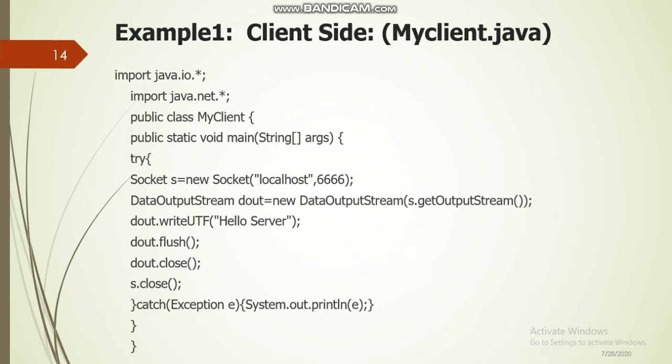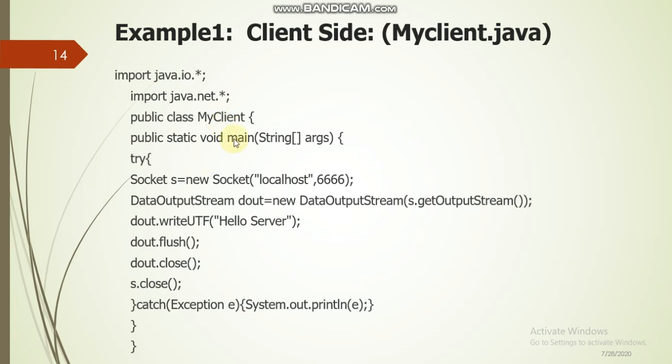We have imported our java.io.* package and java.net.*, as we have said, which provides the collection of classes and interfaces to be used when creating sockets or when creating applications to run on the internet. Then we have now written our class name. The class name is MyClient.